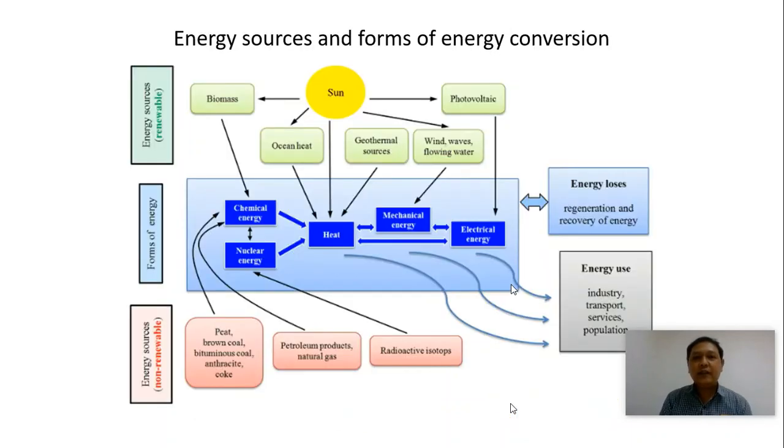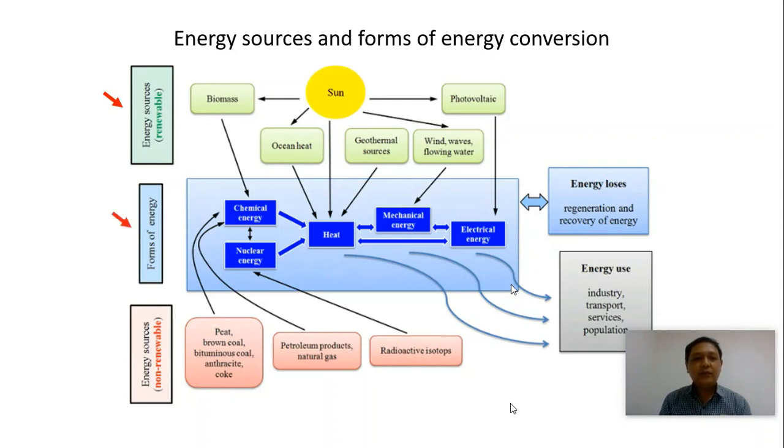Energy source and forms of energy conversion. We split into three pieces. Number one is energy source, renewable. We can see from the sun, go to biomass, ocean heat, geothermal source, wind, waves, or photovoltaic.